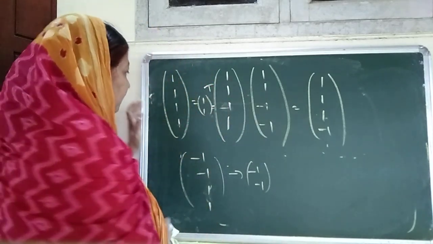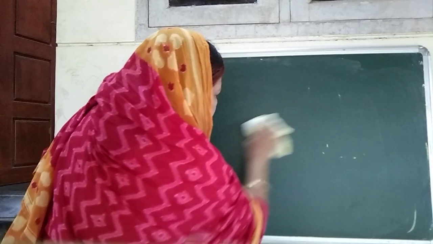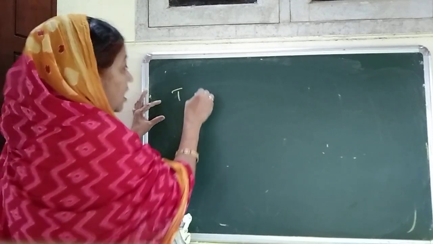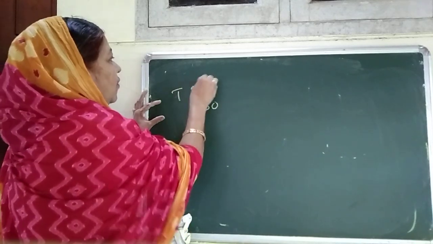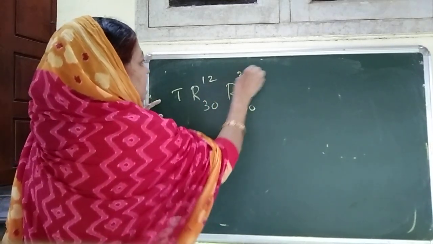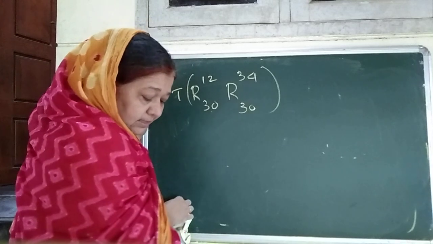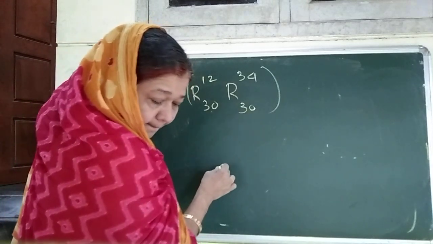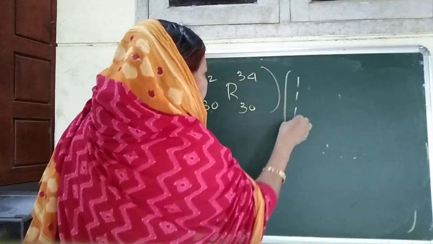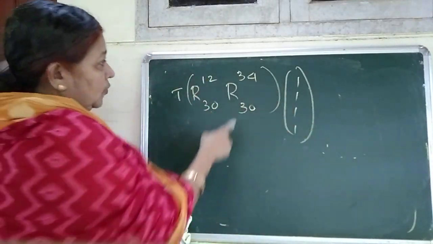Then we can find the rotation of this transformation by means of this rotation and this transformation. Find T of R theta of 1 2, R theta 30 of 3 4. We have to first rotate this 1 1 through an angle theta.